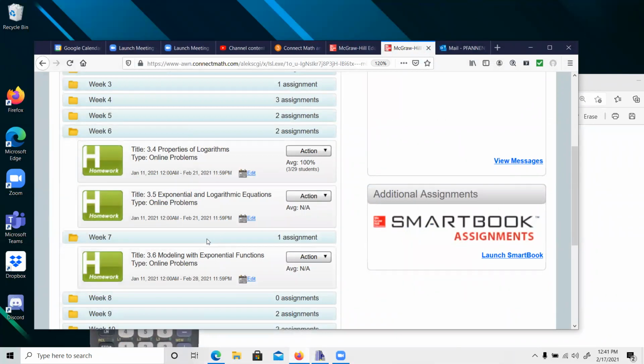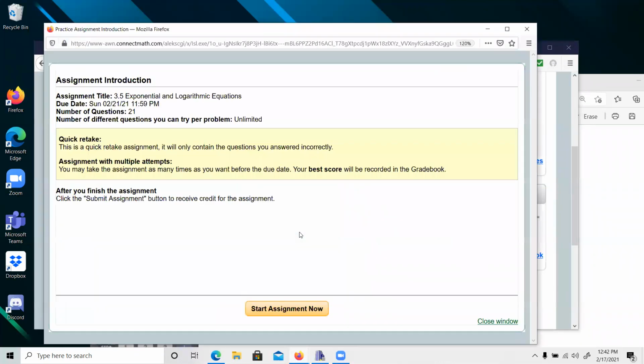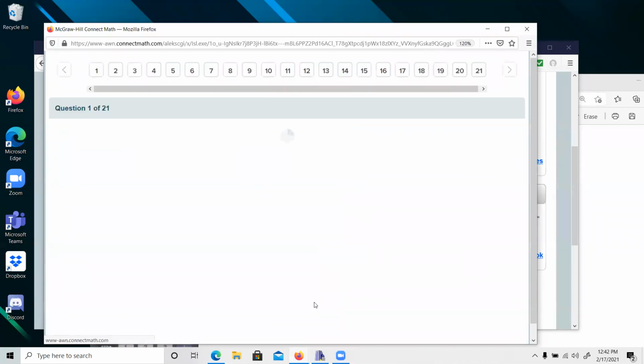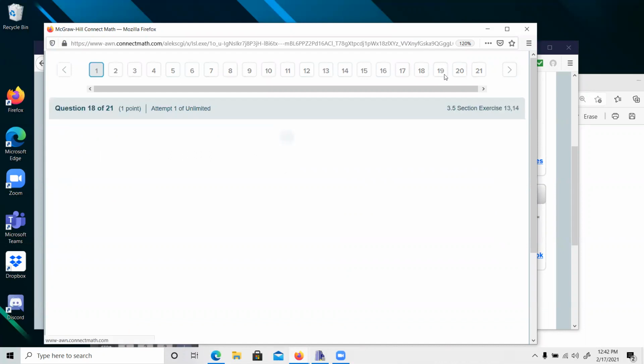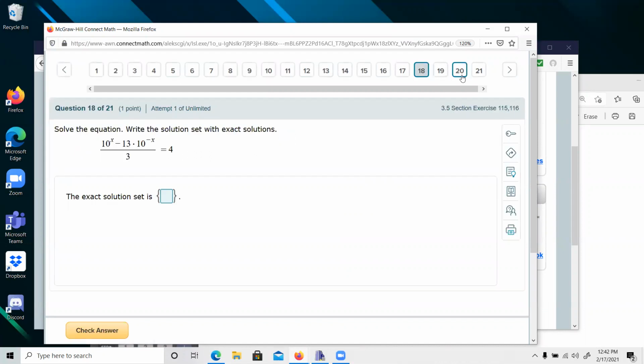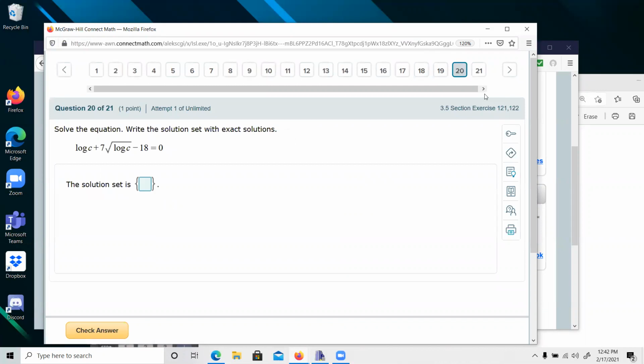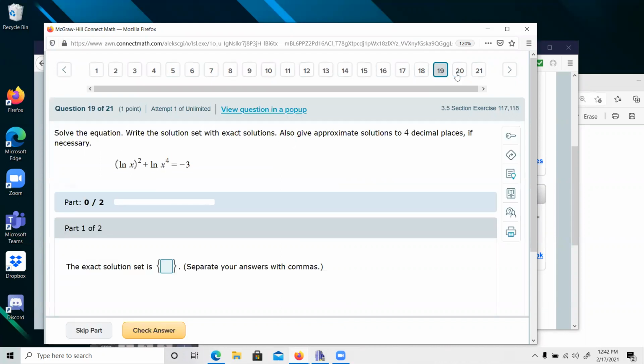Oh, I guess I closed it. Yeah, start assignment, it's fine. All right, where were we? We were like 18, 20. Yeah, we were doing something like that.